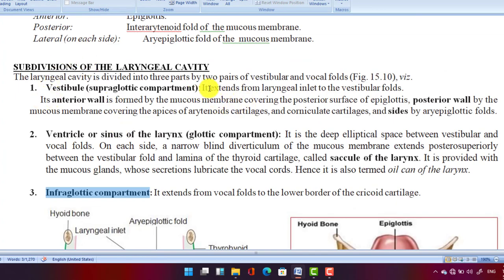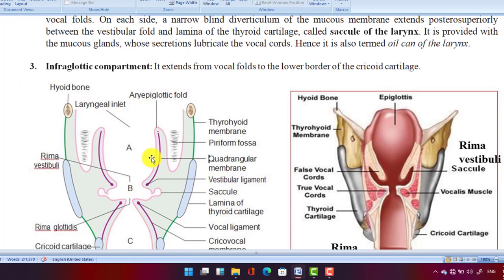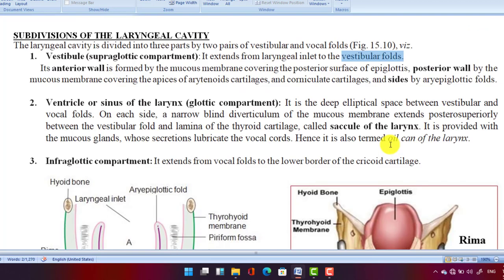The vestibule extends from the laryngeal inlet to the vestibular folds. Look carefully, these are the vestibular folds, up to here. So from the inlet up to the vestibular folds, this area is called the vestibule or supraglottic compartment.